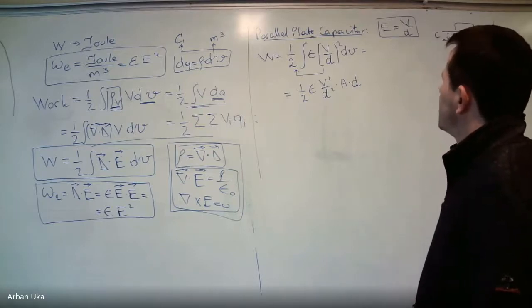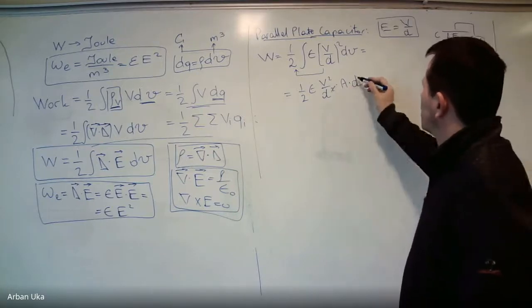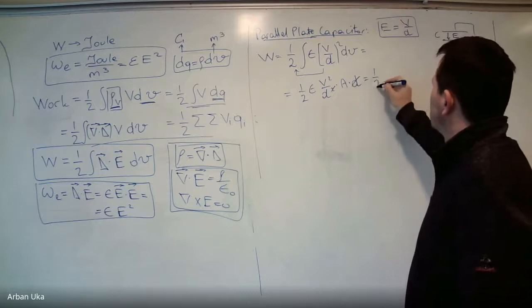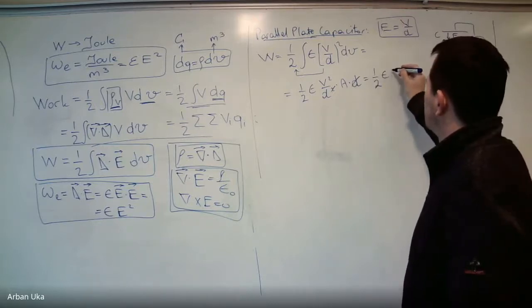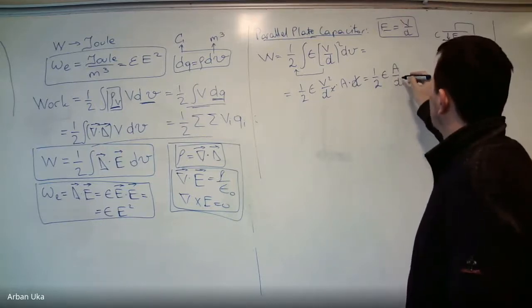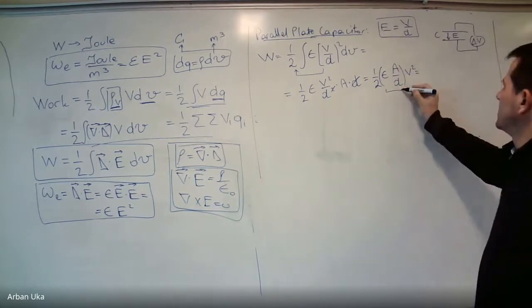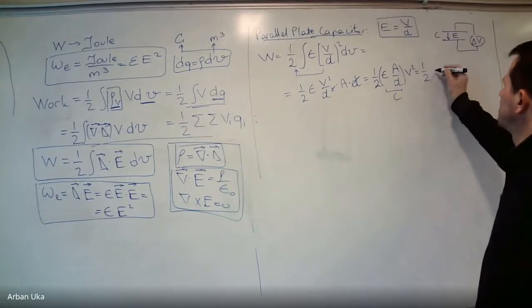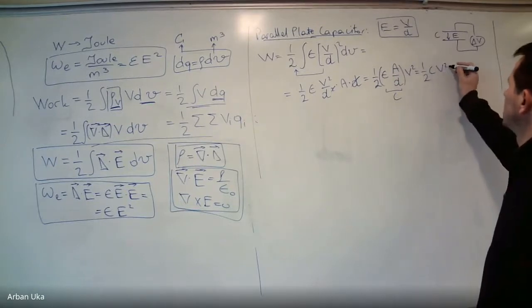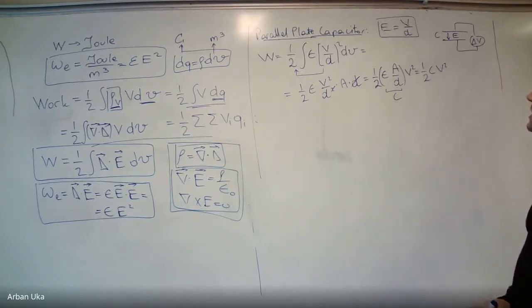And we can notice that we can cancel these d's, and we get here 1 over 2 permittivity A divided by d times V squared. We remember that this was equal to the capacitance, so this is equal to 1 over 2 C V squared.